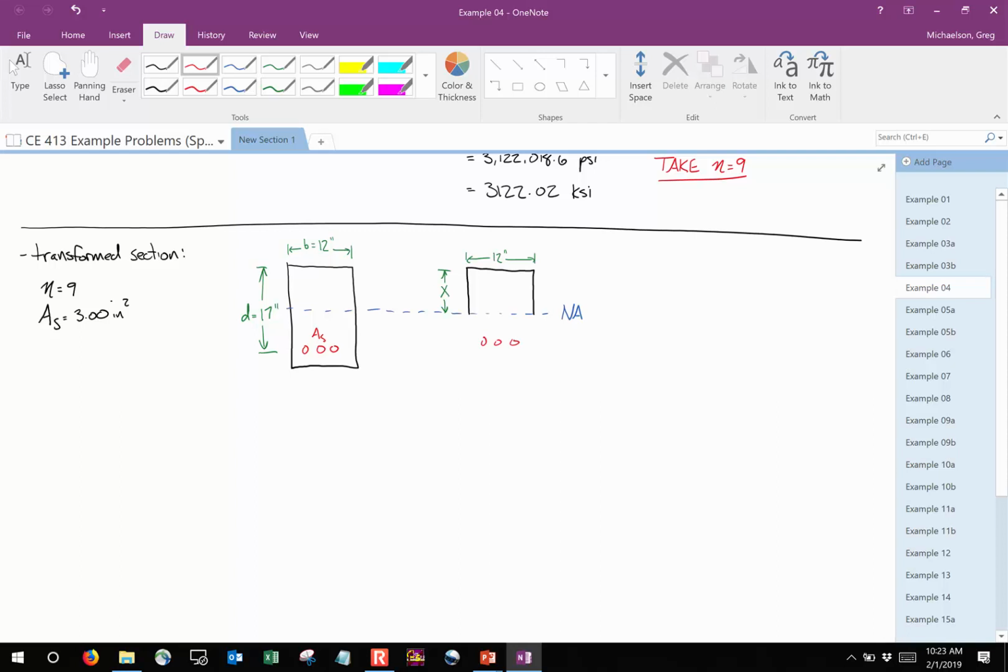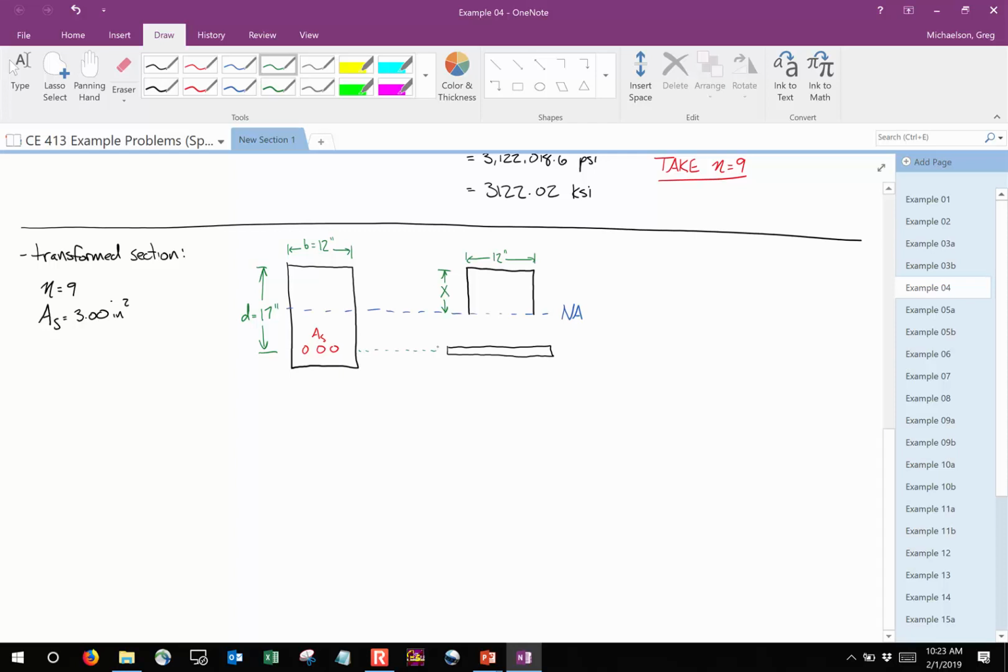They're beams of two materials. So what I'm going to do is this. I'm going to transform that concrete into a lump of steel at the same location. So this is at the same location right here, the same depth.